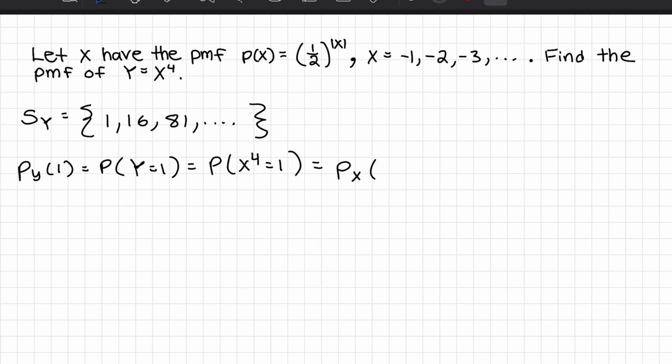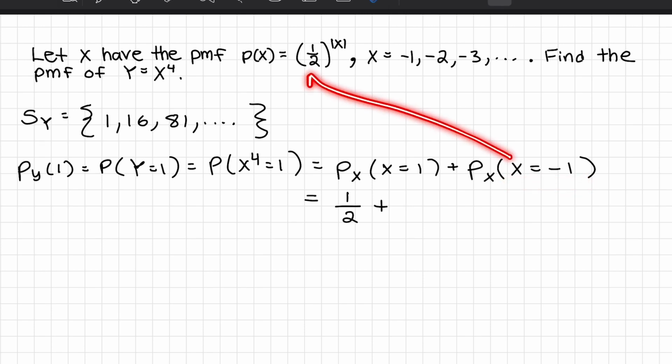So I get the fourth root of 1 is x equals 1, plus the PMF of x equals minus 1. When I plug x equals 1 into my given PMF of x over here, I get 1/2. Plus, when I plug in x equals minus 1 into my given PMF of x, I get 1/2 again. And this whole thing is equal to 1.